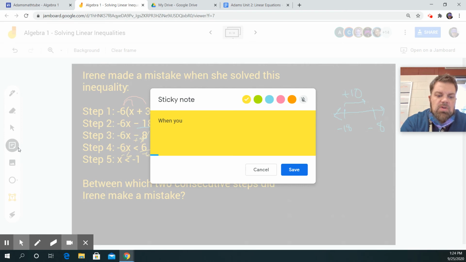When you multiply, and let me back up, when you multiply or divide an inequality by a negative number, and you need to write this down, you flip the inequality symbol.